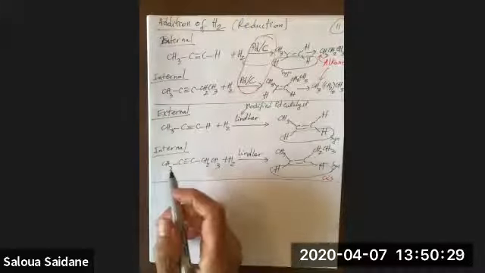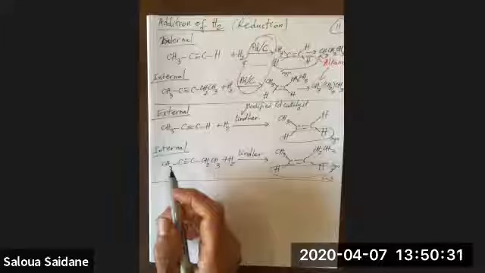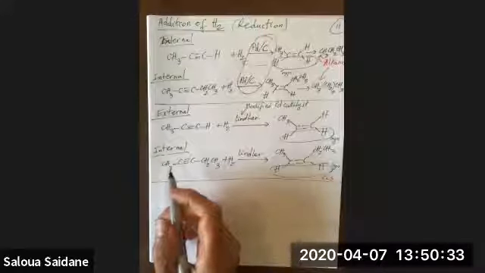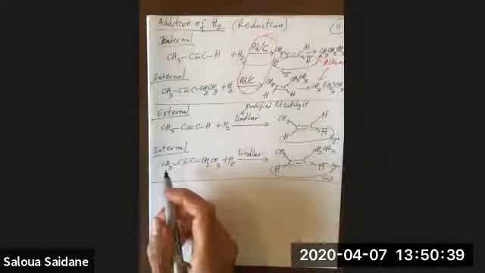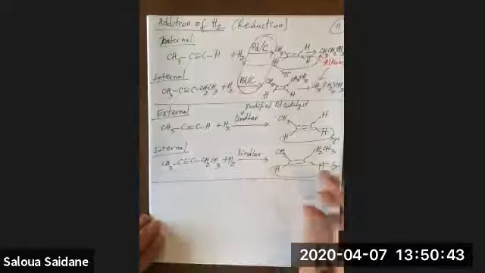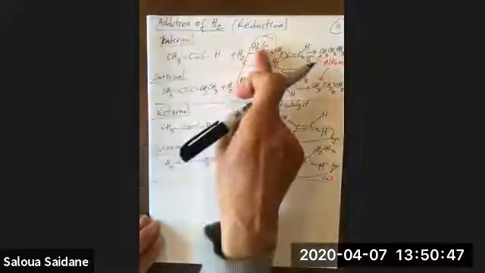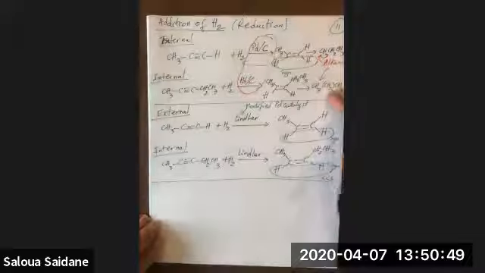The answer is yes. And that's the last reaction to learn in this chapter before part 2, which I'll do in part 2 of the video. So what do we use to get the trans? So you see, if you use regular palladium carbon, you go all the way to the alkane.